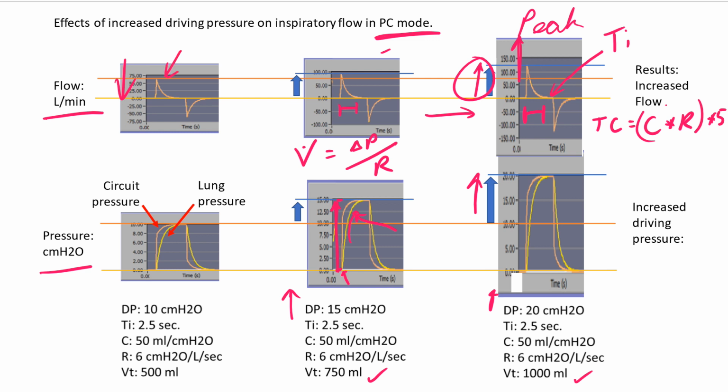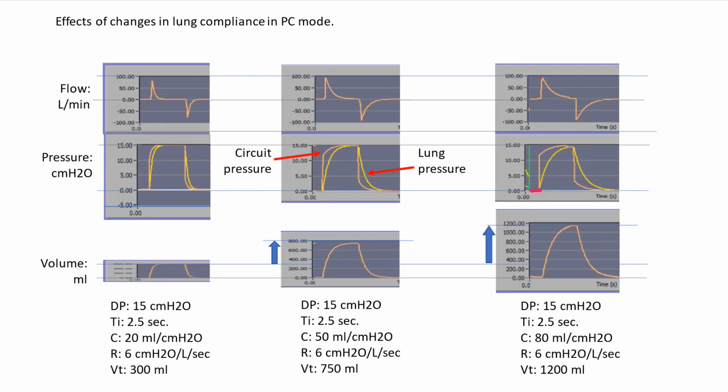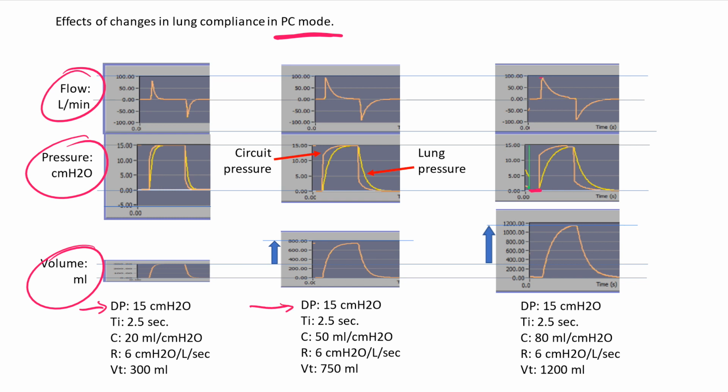Now in this slide, we're still in the mode of pressure control. We still are showing our flow and our pressure gradients, and here's our volume as well. What I've done here is I've maintained the same driving pressure in all three situations, but I've altered the compliance. So with each of these, I've increased the compliance dramatically.